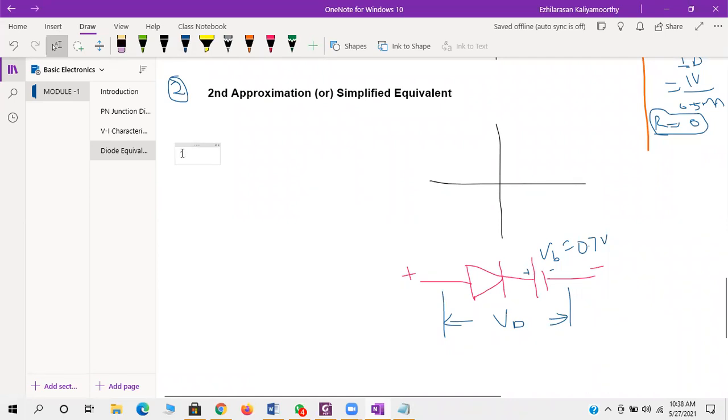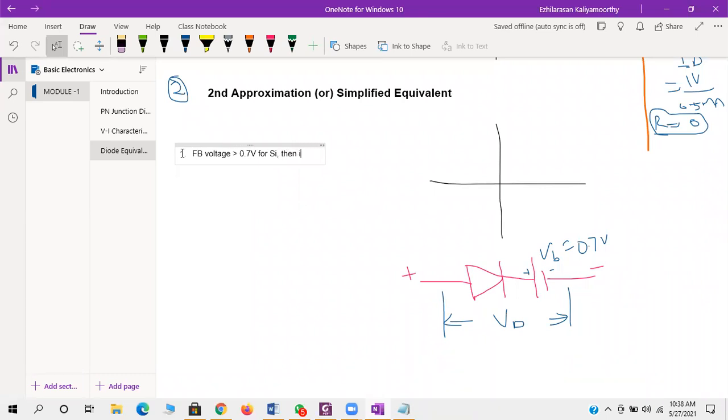First, forward bias. Earlier in the ideal case we saw the forward bias voltage. Now the forward bias voltage is greater than 0.7 volt, that is your barrier voltage for silicon.